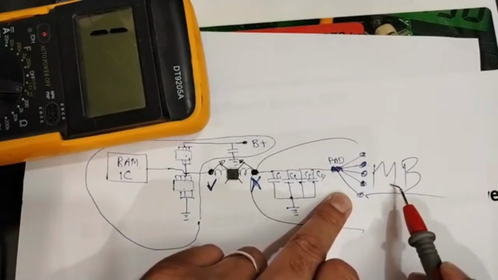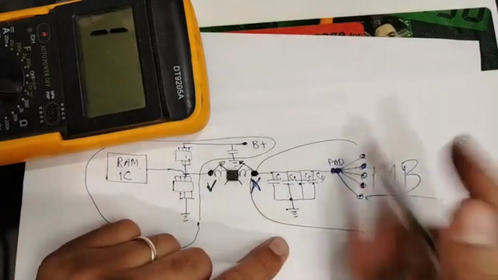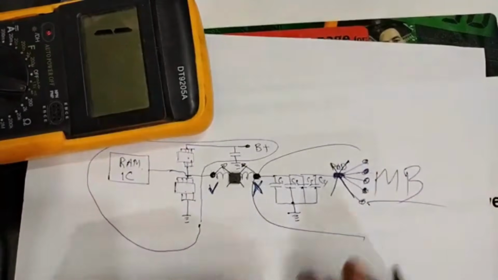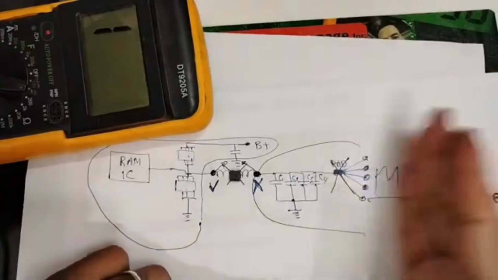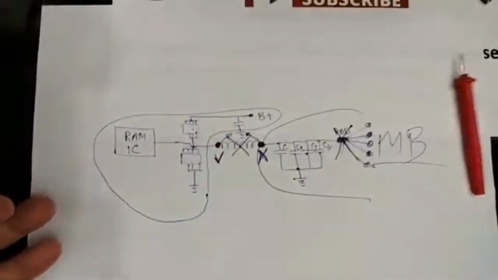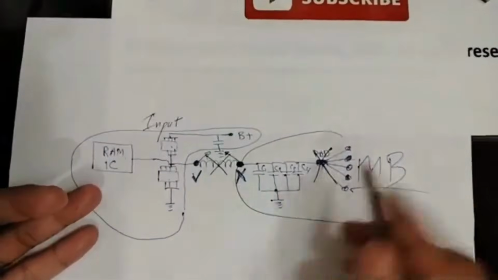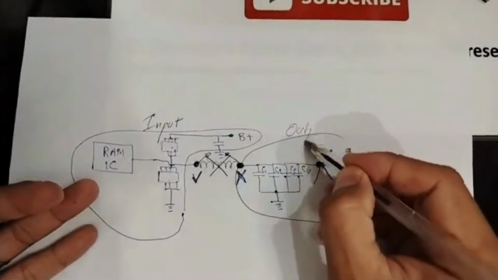So what we should do, we should remove this part here in order to isolate the motherboard from these ceramic capacitors. This is the input, my friends. Here we have the input basically. Okay. Here we have the output.